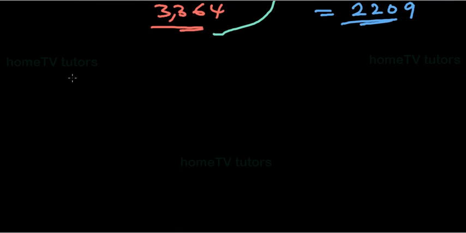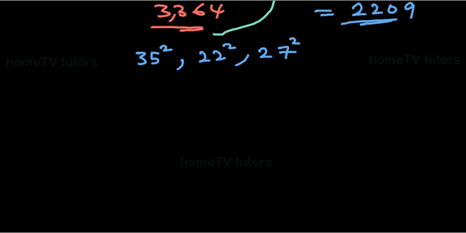Okay. So let me quickly give you exercises for you to do. Find the square of 35. Okay. Find the square of 22. Then find the square of 27. All right.